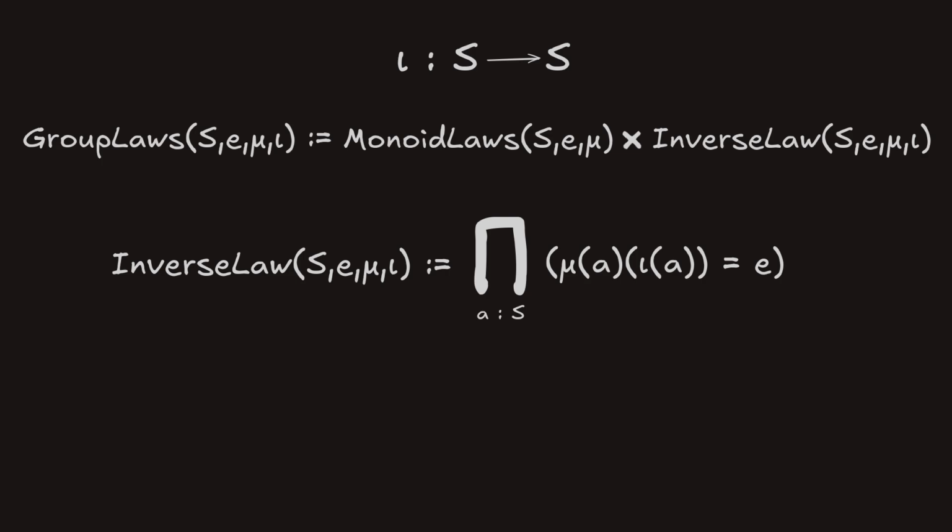But before we can see an example of a group, we need to take a look at truncations. We'll first consider what we refer to as propositional truncation. For example, the propositional truncation of the type A is a type with two constructors.